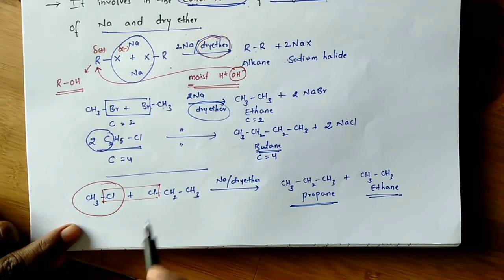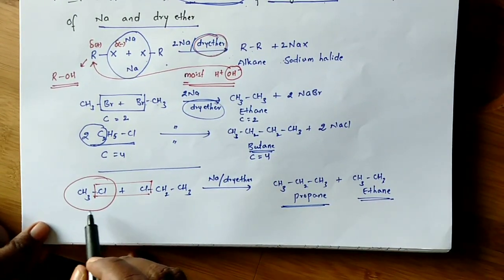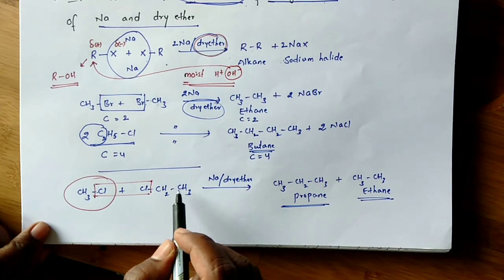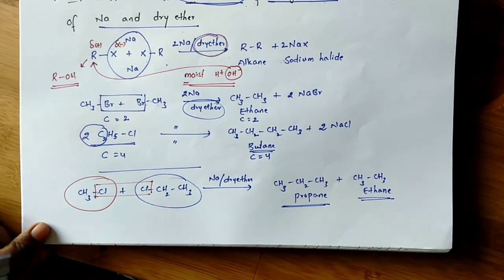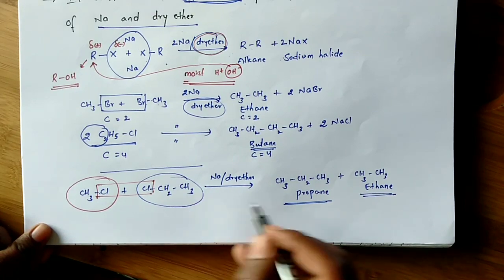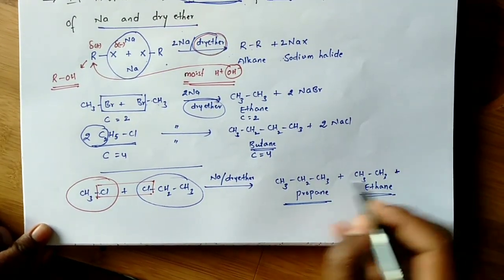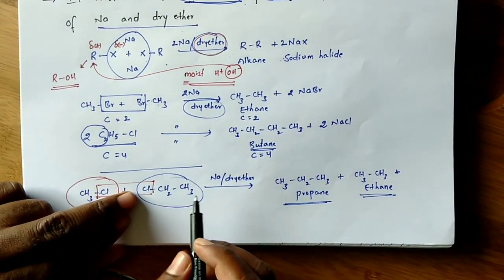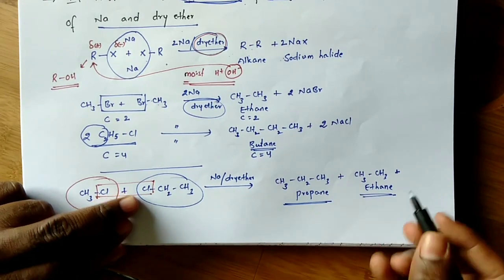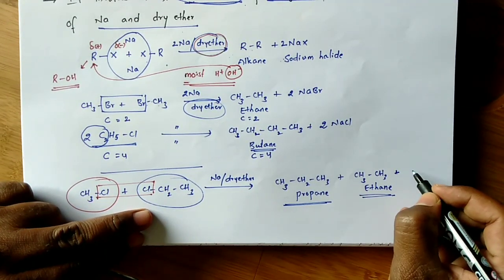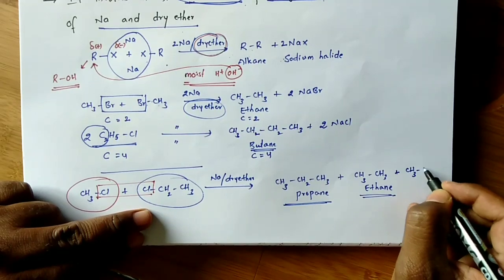And if two molecules of ethyl chloride are involved in condensation, the number of carbons will be double, because 2 units participate. We will get butane.